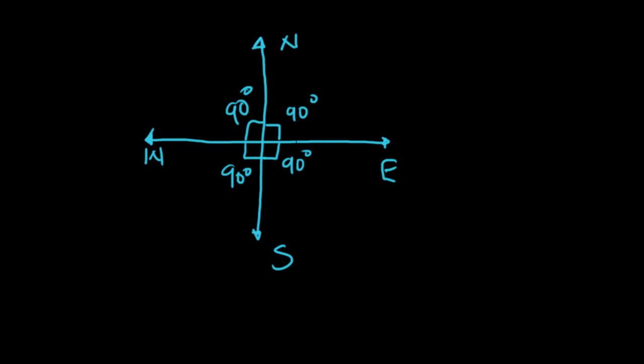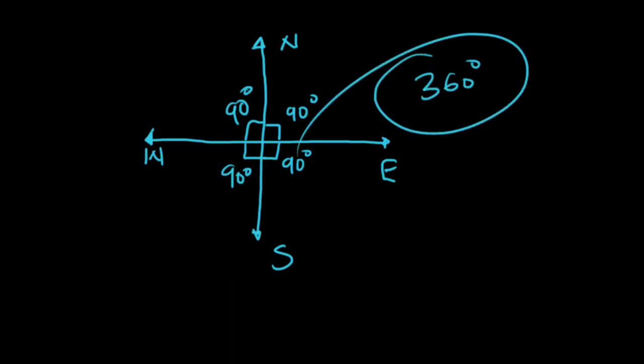If you add everything together, we are going to be having 360 degrees. And remember, angle at a point is 360 degrees. So don't forget, from the north cardinal to the east cardinal is 90 degrees. From east to south is 90 degrees. From south to west is 90 degrees. And from west to north is also 90 degrees. Do you understand? Now let's go to the next thing.